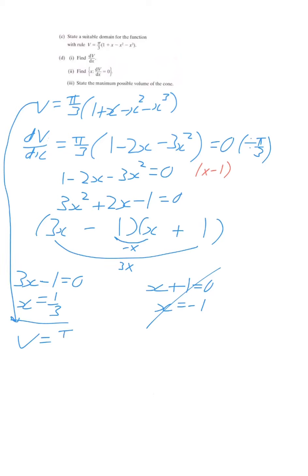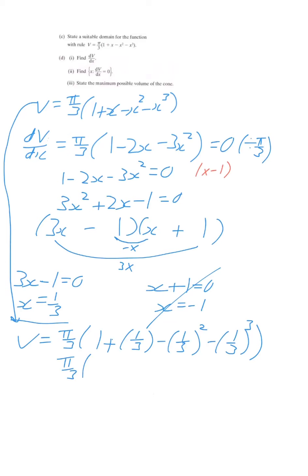Okay, so I'm going to have pi over 3 times 1 plus a third minus a third squared minus a third cubed. Okay, and in the question they haven't told us to write it to any decimal place, so they've given us no guidance on rounding. So I'm going to leave this in terms of pi.